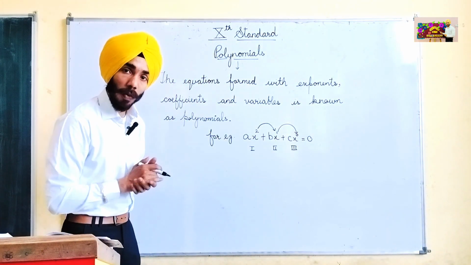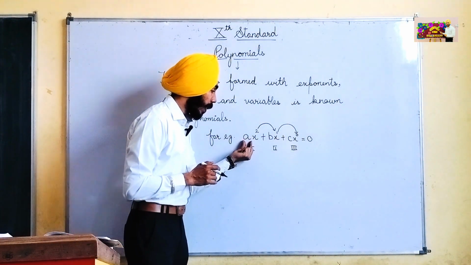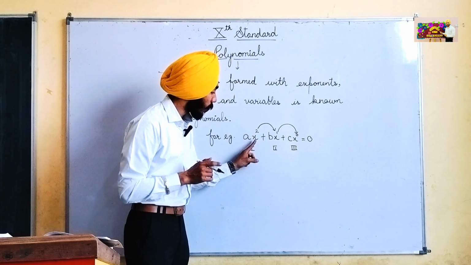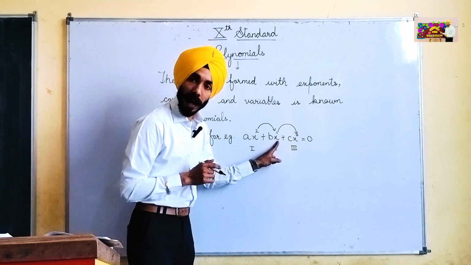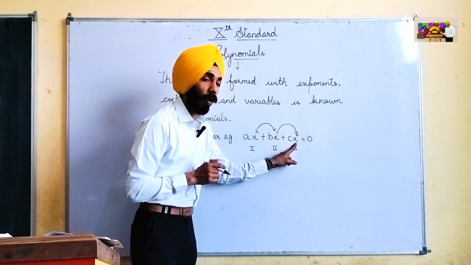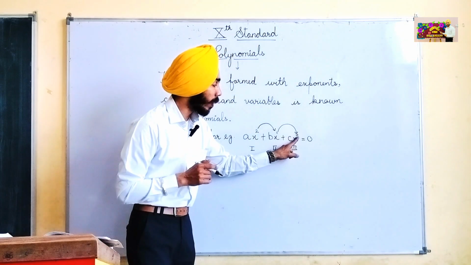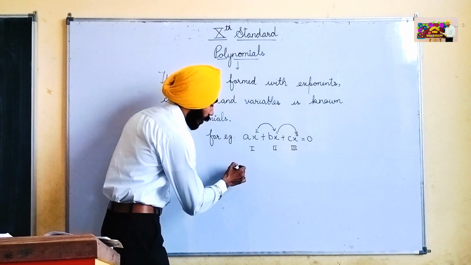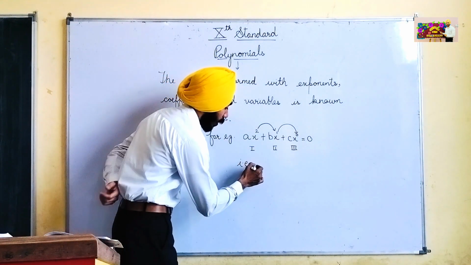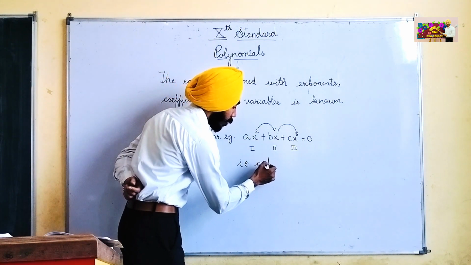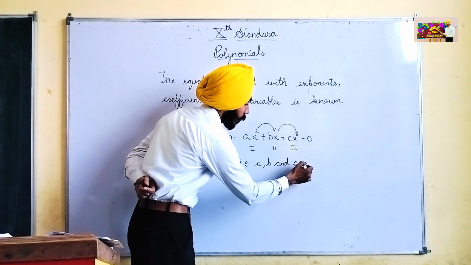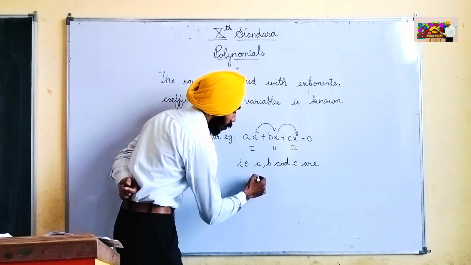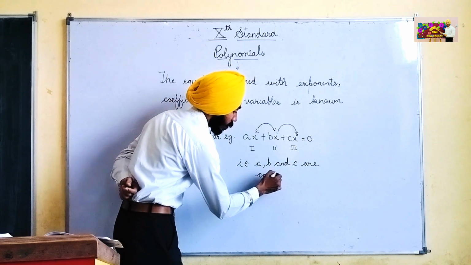Coefficient. What are coefficients? A is the coefficient of x square, B is the coefficient of x and C is the coefficient of x power 0. That is A, B and C are coefficients.